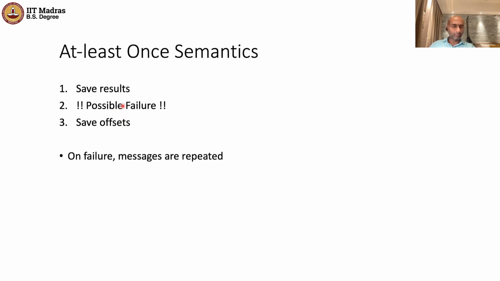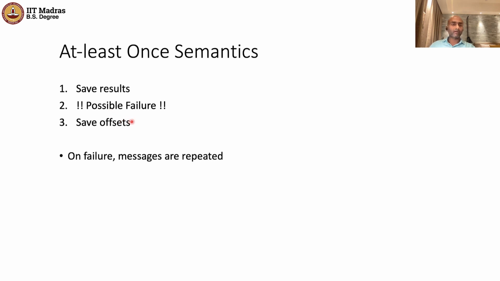So the challenges come in only when failures occur between the two salient steps of saving the result and saving the offset. In this case, the failure occurs after saving results, but before saving offsets. So I've gone ahead and processed the offset 10 message and saved the result, and then a failure occurs. Now, if the consumer is restarted, where does it pick up from?